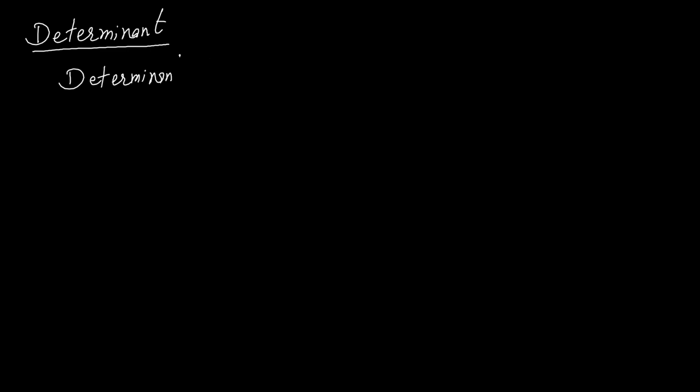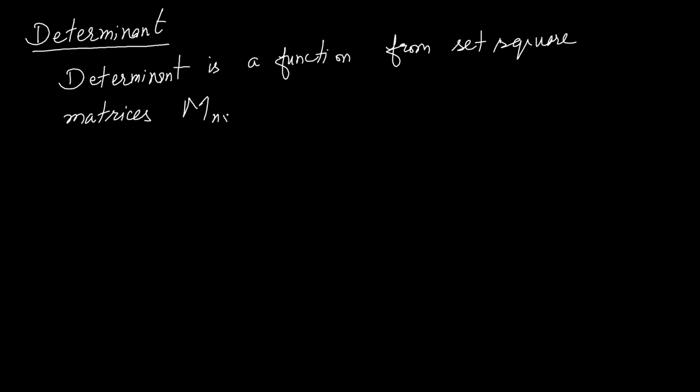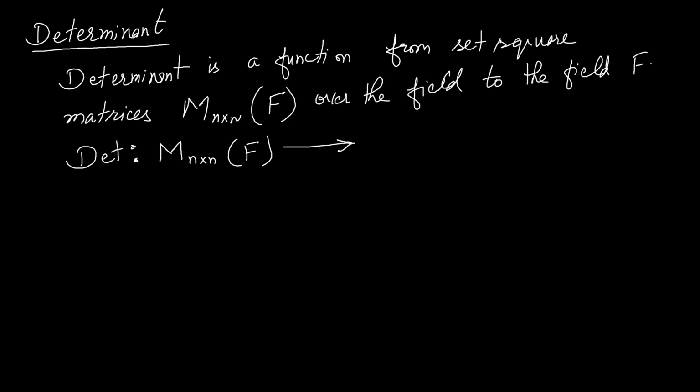Our next topic is also an important part of this lecture, which is the determinant of a matrix. Determinant of a matrix is a function from the set of square matrices to the set of the field F. If the field is the set of real numbers, then the determinant of a matrix is a real number.